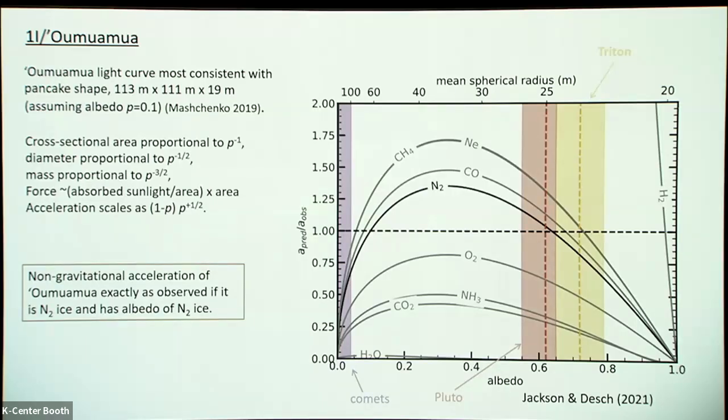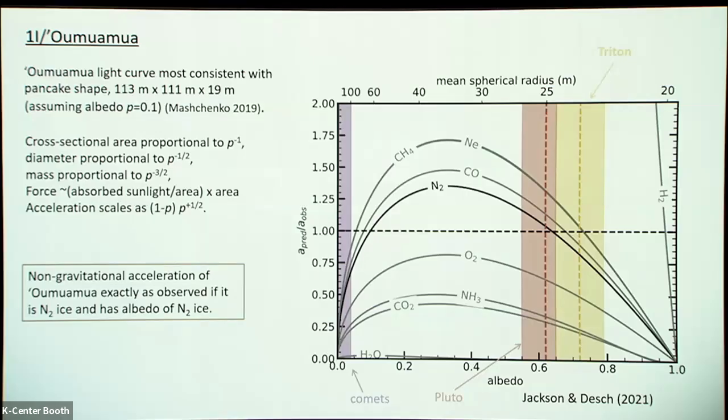And so we can rule out water ice. There's no way a slab of water ice could ever be pushed enough to be consistent with the non-gravitational accelerations. I guess we can't rule out neon, but come on, it's not pure neon. You could rule out CO2, CO, and methane based on the Spitzer observations.